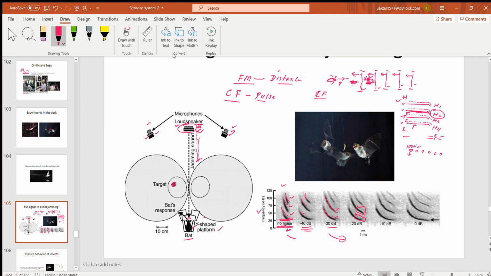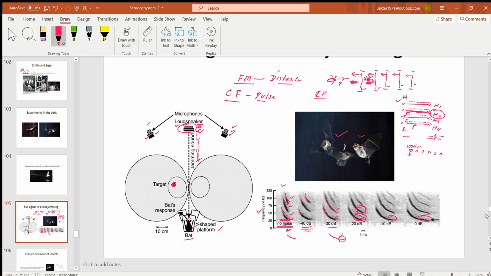So you see the end part was extended, prolonged. Here it is very long, right? So when a number of bats fly together and each of them is producing sound, the sound is noise for the other bat.